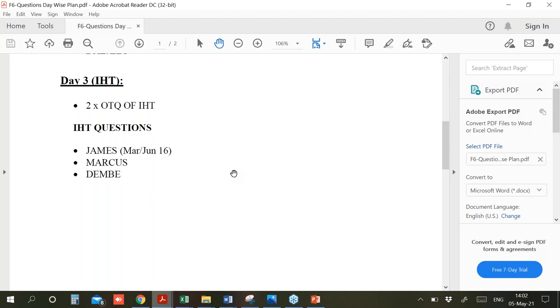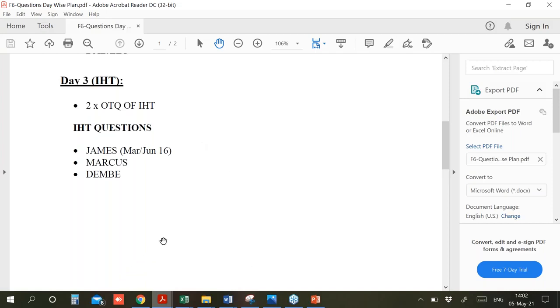That is what OTQ is. Along with that, the 10-mark question in Section C can get tested from IHT. So I have selected a few questions worth 10 marks in which the topic tested is primarily inheritance tax. So let's start with the first OTQ for the day.